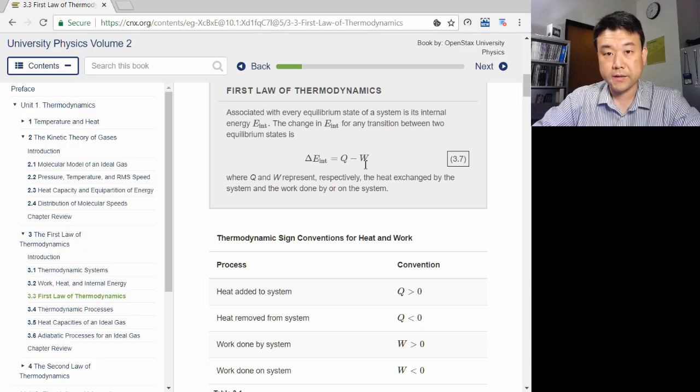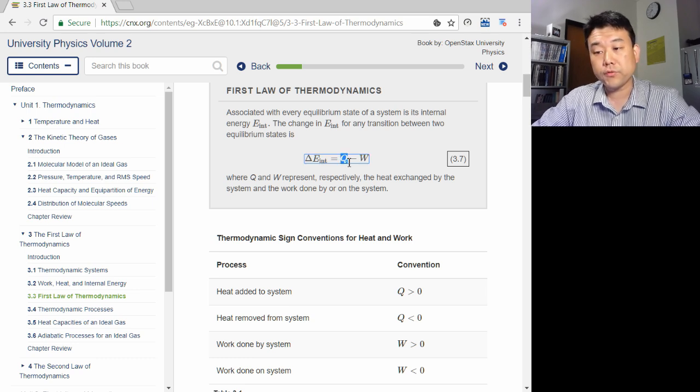But from the ideal gas law, you know that the temperature of the gas must be increasing in isobaric expansion. Pressure is constant, but volume is increasing. So this means internal energy is increasing. So you have to figure that there must be enough heat flowing in to both do work and increase the internal energy of the gas.